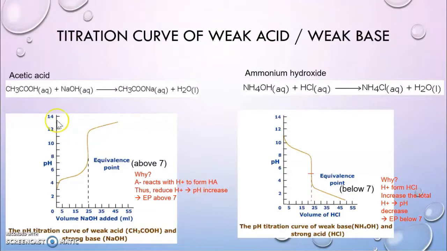Please bear in mind that the molarity of the weak acid and the molarity of the strong base used in the titration experiment is 0.1 molar. You can refer to the laboratory manual for more information regarding the experiment procedure.